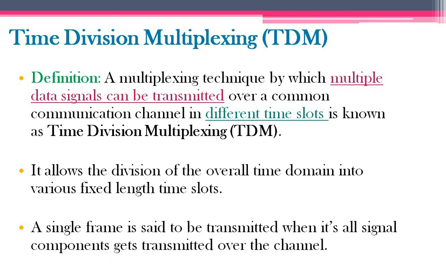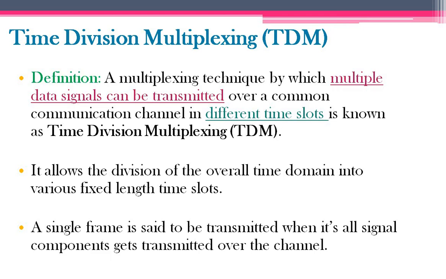First of all, let us see what is meant by multiplexing. A multiplexer is nothing but you have n number of inputs, but at last you will get only one output. So in time division multiplexing you are dividing the time into different time slots, and they are all given through a particular communication channel. What is a channel?